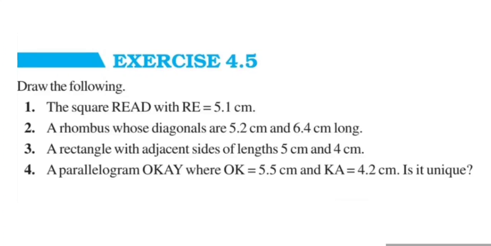Now scholars, see the exercise 4.5. Question number 1. The square READ with RE equal to 5.1 centimeter. As we know that in a square all the sides are equal, so all the sides should be 5.1 centimeter, and all the 4 angles are equal to 90 degree.